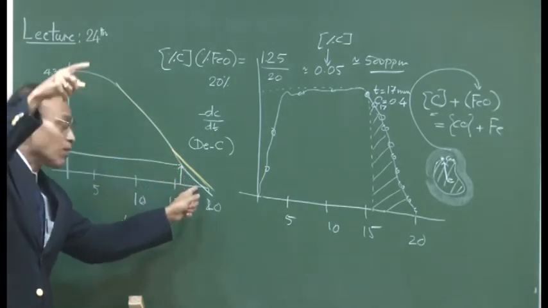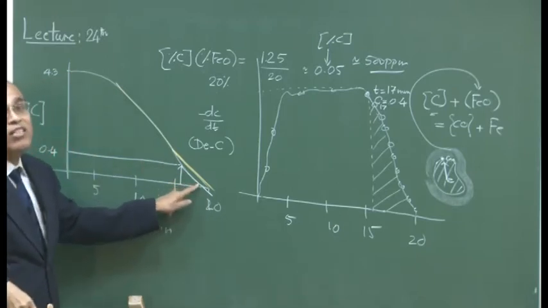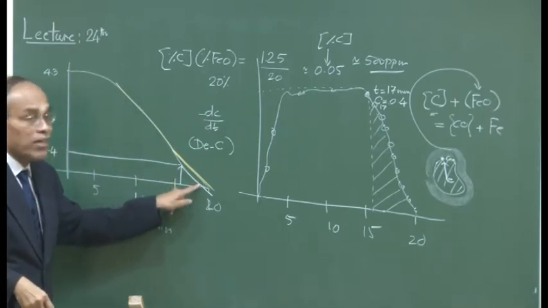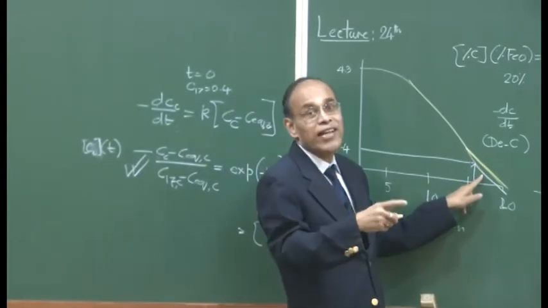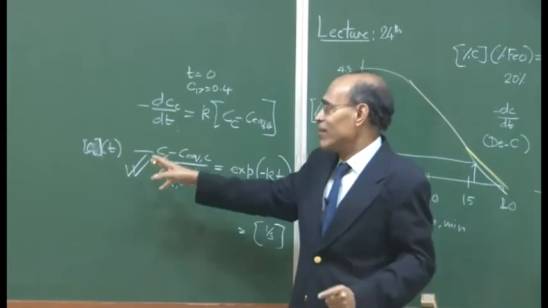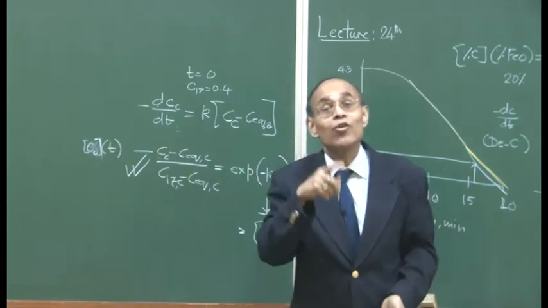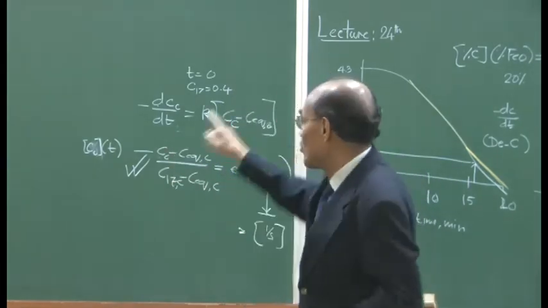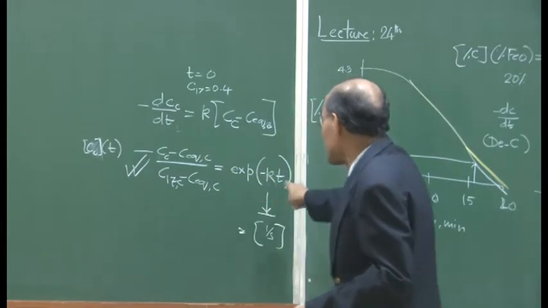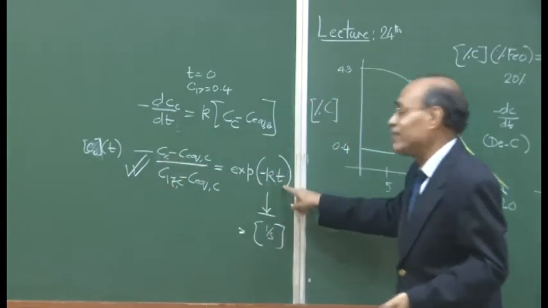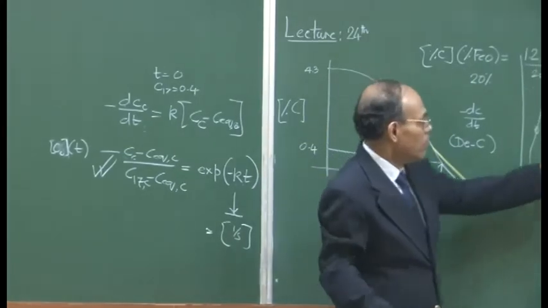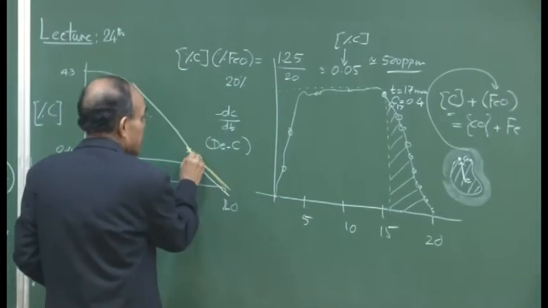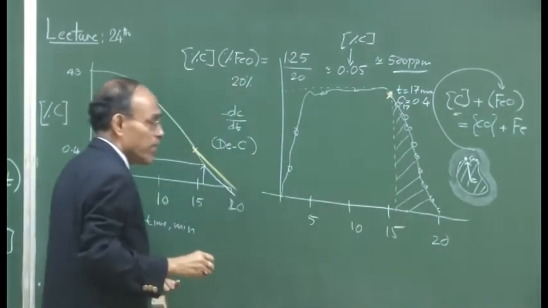The curve is getting flattened and flattened, and this part needs precise simulation, and in order to do that, you require good measurements of concentration versus time, and that will allow you to calculate the rate constant, and then you have the process control model. If you want to get 0.1 carbon, you use that rate constant value, and you find out what should be the corresponding time after this particular stage has been reached.